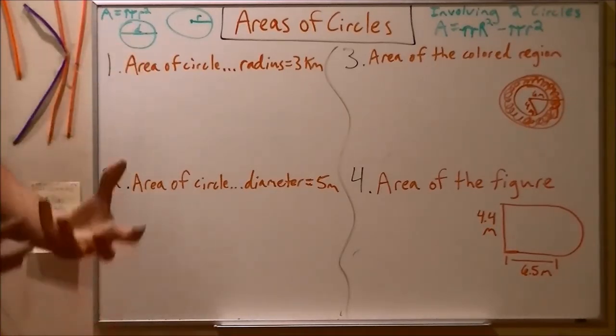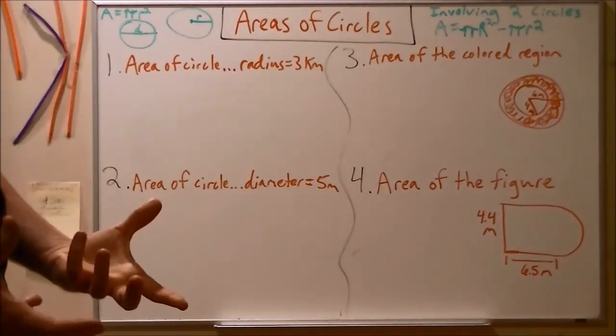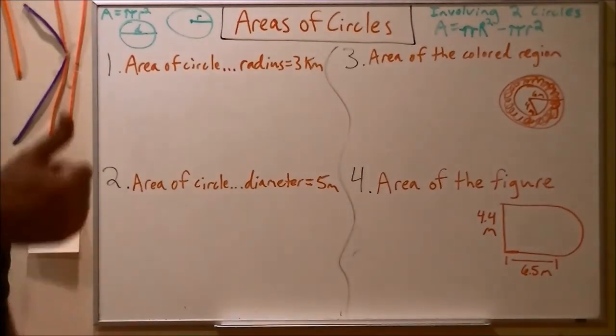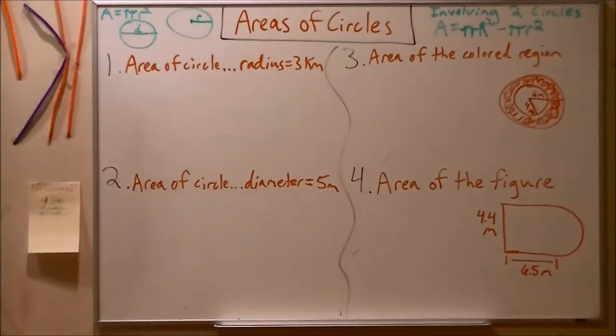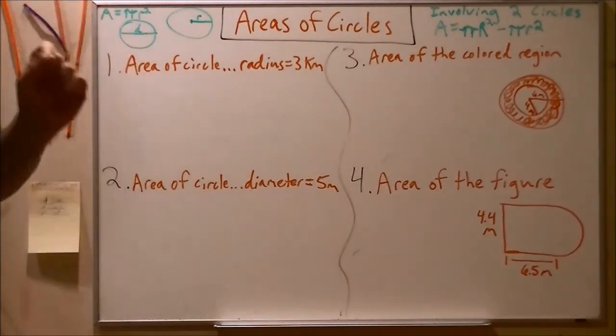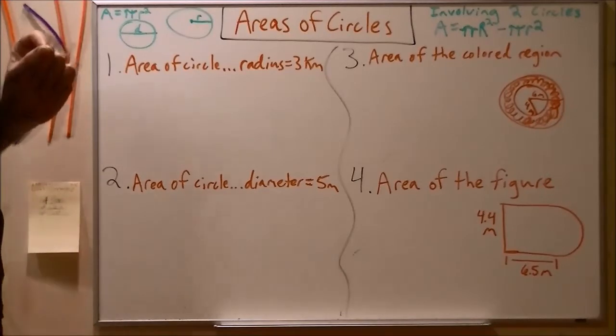Pi, which we're going to use as 3.14. Now, technically, it's not that. It's an irrational number. It has no repetitive pattern, and the decimal never ends. Therefore, it's irrational. But we're going to use 3.14 as is commonly done in math, just for simplicity purposes.